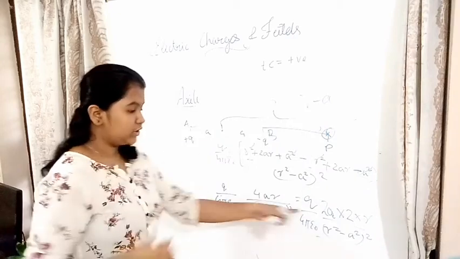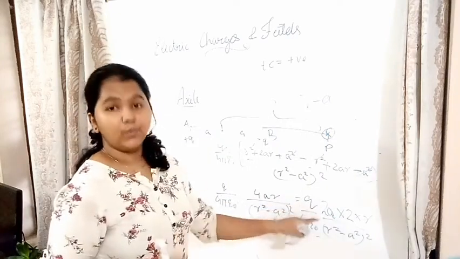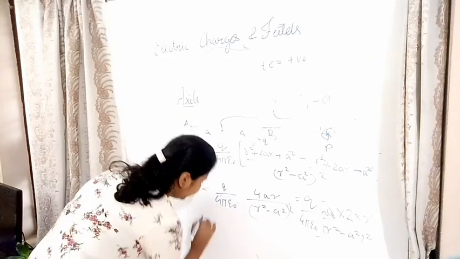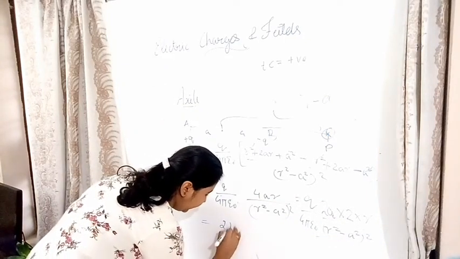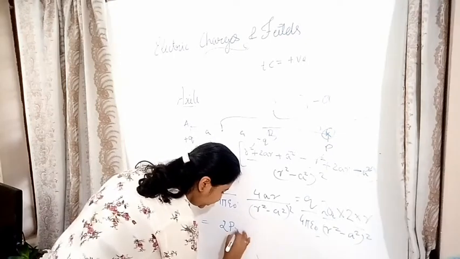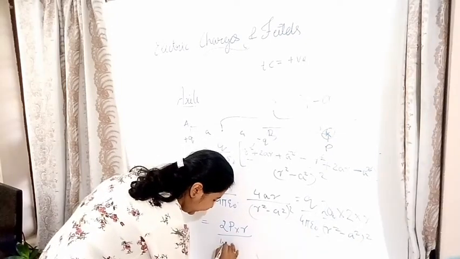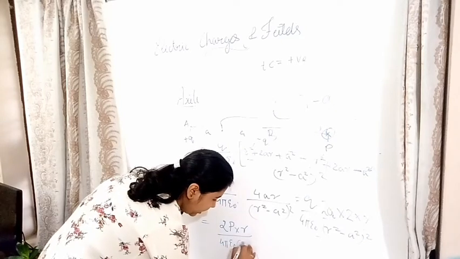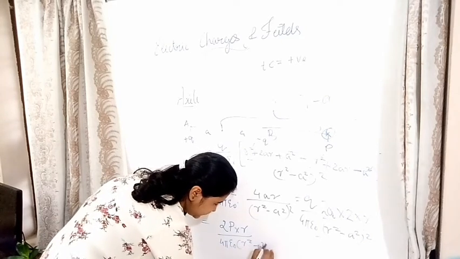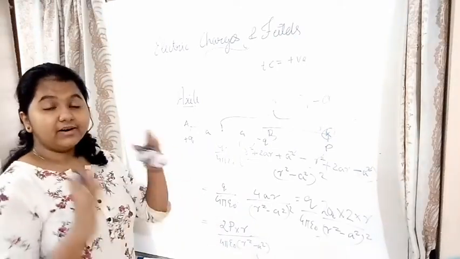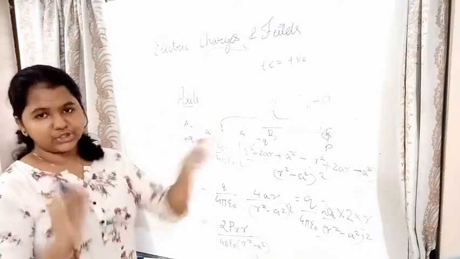Now what is this? This is P, and P into 2. So we'll write it as 2P into r divided by 4 pi epsilon 0 (r square minus a square). This is the equation for a point on the axial line.